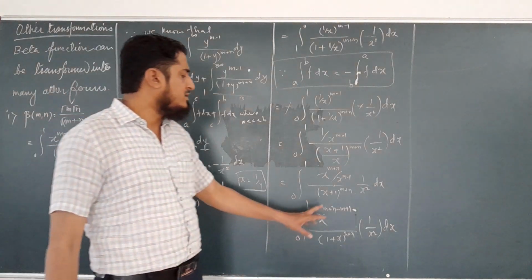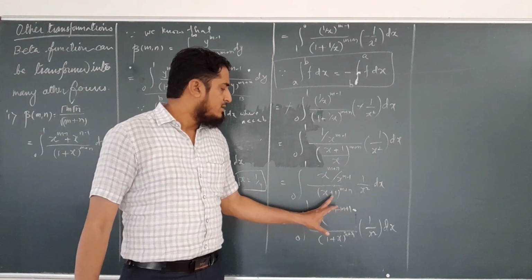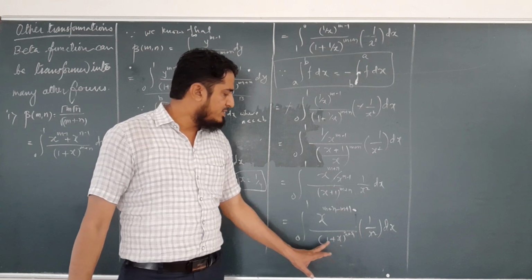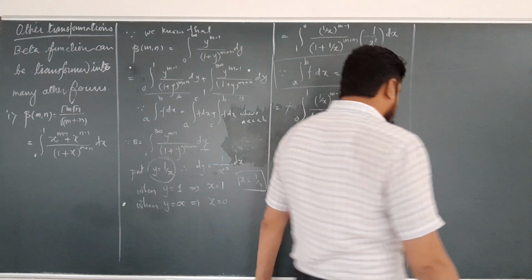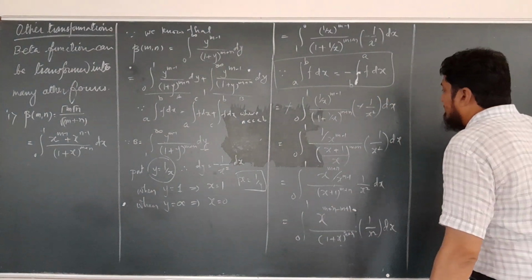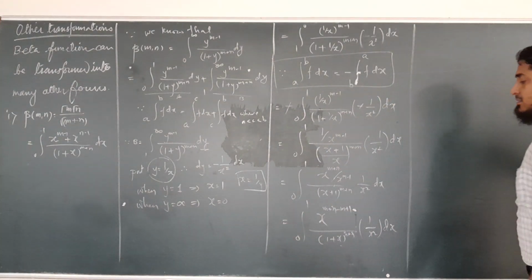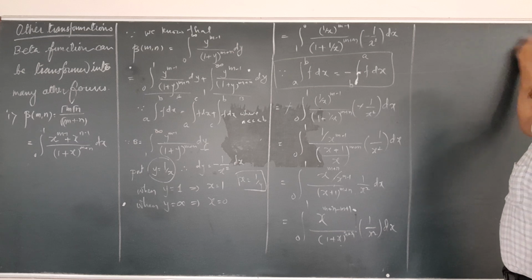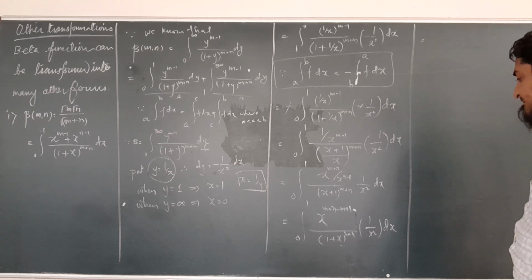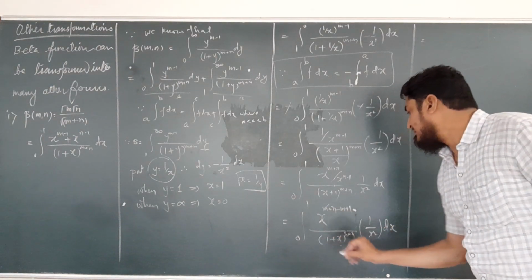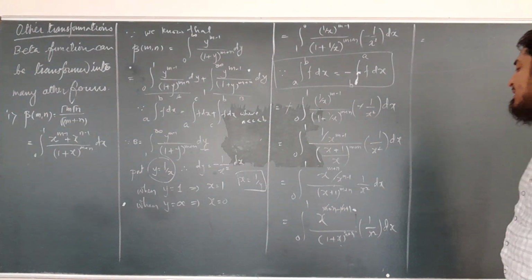Since addition is abelian or commutative, that's why we can write x plus 1 is equal to 1 plus x. There is no harm in writing such an equation. Now, the plus and minus get cancelled.